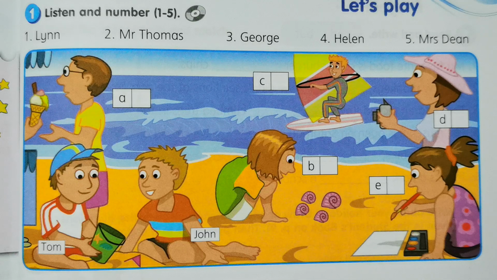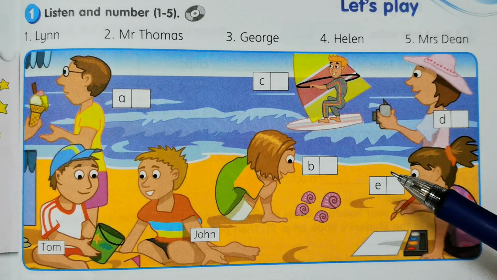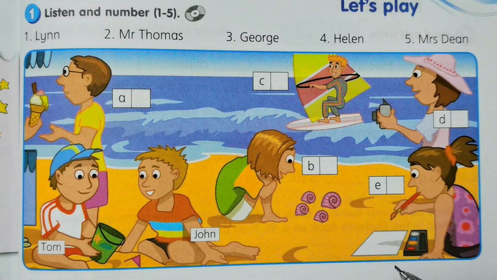Module 9 Workbook. Let's play. Activity 1. Listen and number 1 to 5. 1. Did you go to the beach yesterday, Lynn? Yes, I did. Did you swim? No, I didn't swim. You know I like painting.